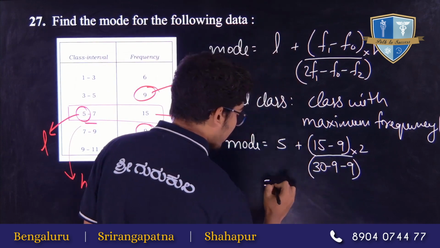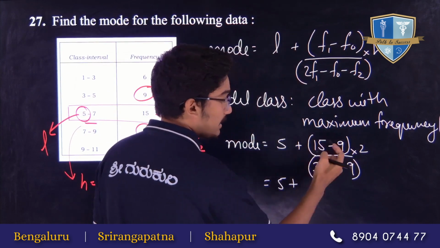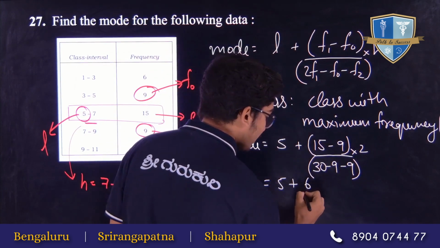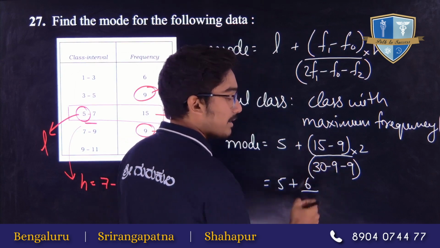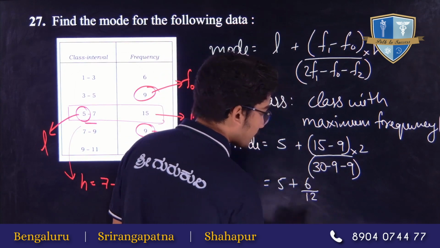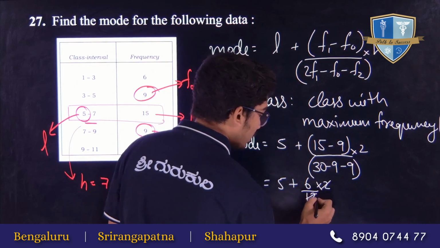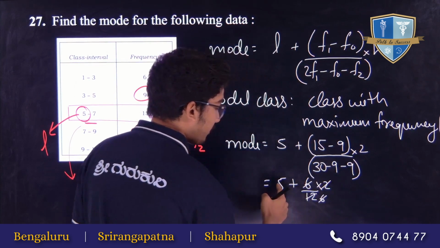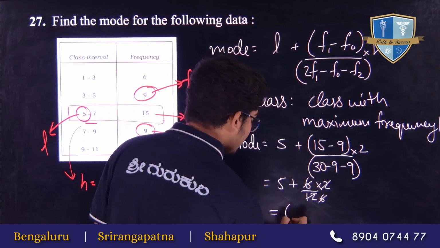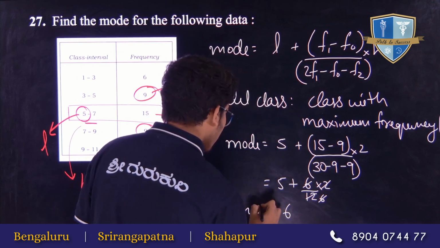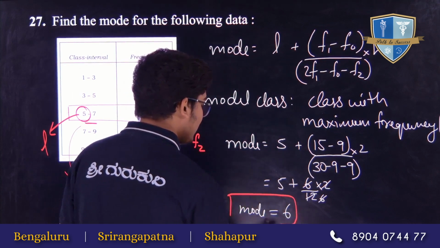So this will be 5 plus 15 minus 9 which is 6, 30 minus 9 minus 9 which is 12, and into 2. So this is 2 times 6 over 12, which is 1. So 5 plus 1 will become 6. So our mode of the given data is 6.